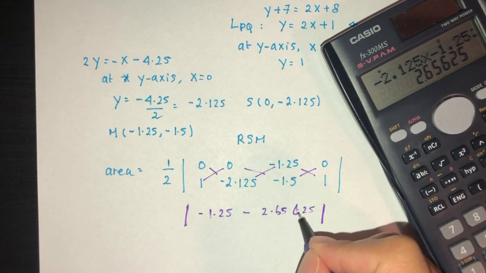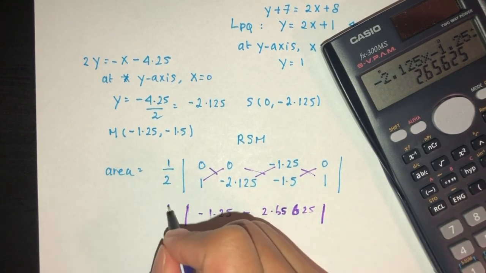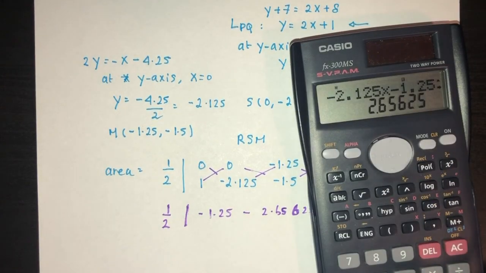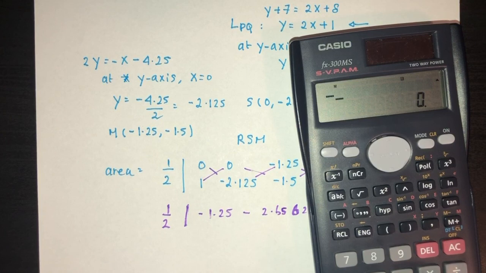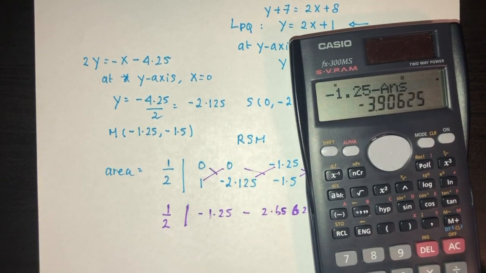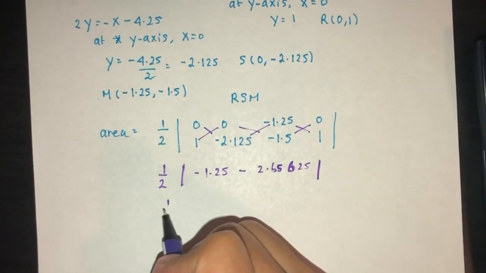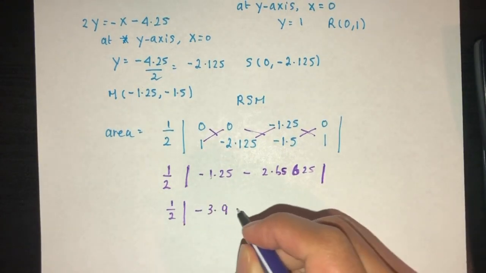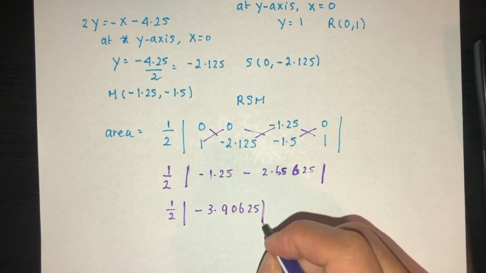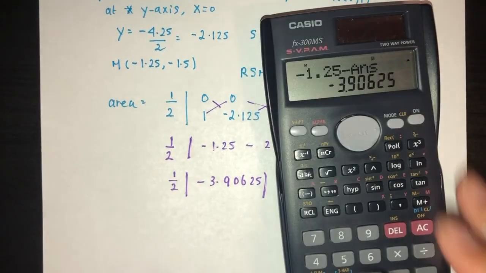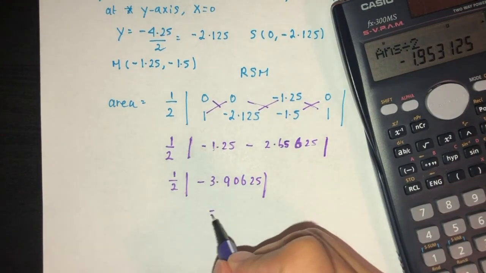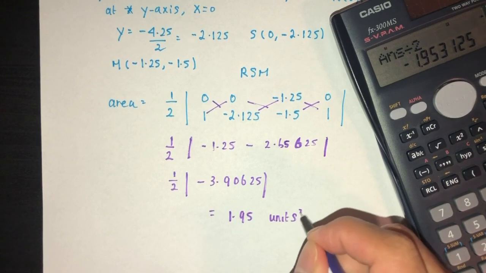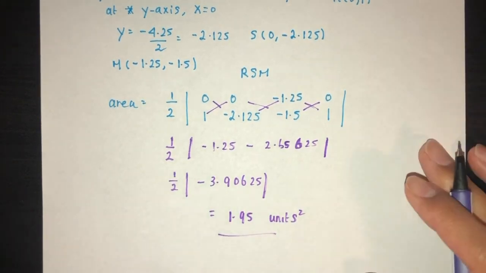So minus 1.25 minus the answer, that should be half of minus 3.90625. Now modulus cannot be negative, so divide by 2, that should be 1.95 units squared for the area of this triangle.